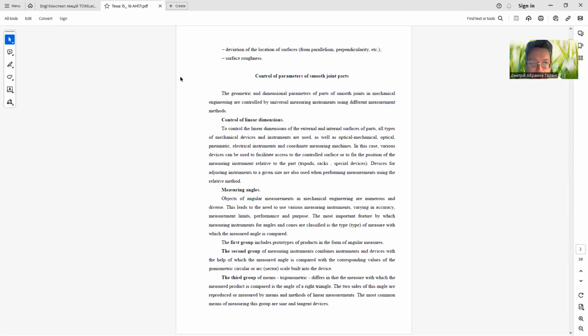Then deviation of the location of surfaces from parallelism, perpendicularity, etc., and surface roughness.